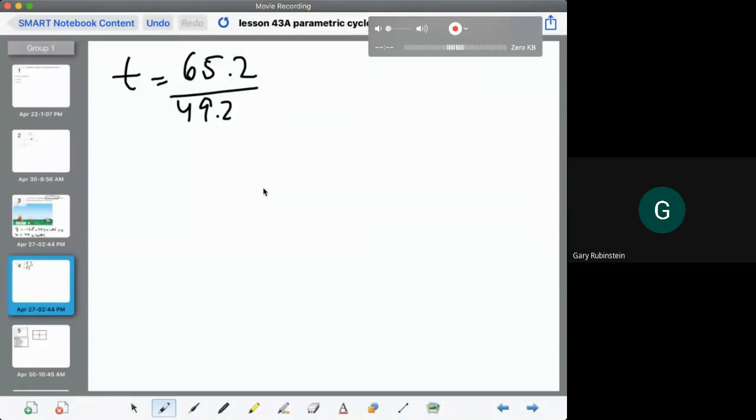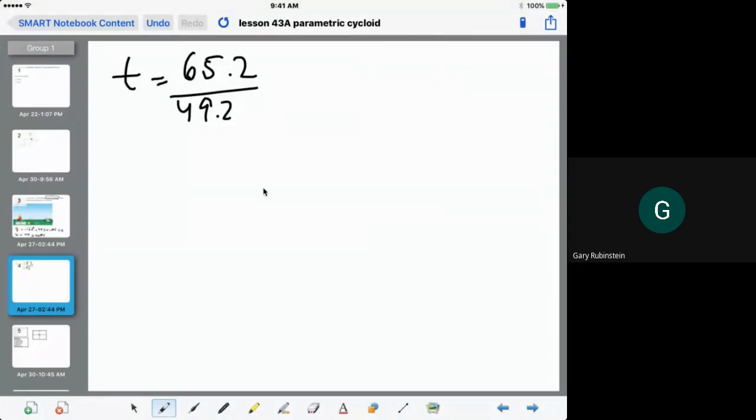Okay, back to this. It's 65 over 49.2 cosine theta. Yes, I forgot, remember, we want the x value at the end to be 65.2, remember over here?